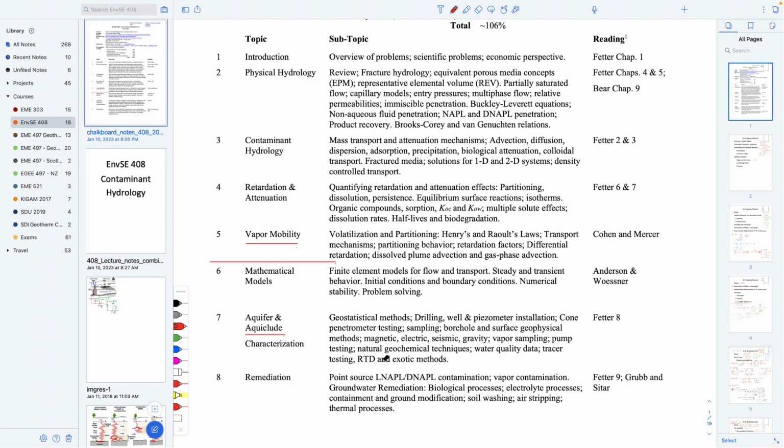We've talked about already some of those in part 3, and also to talk about using geophysics to pick this out as well. And that's what we will complete talking about 2 weeks after spring break, and then you'll be on your own for your remediation presentations.